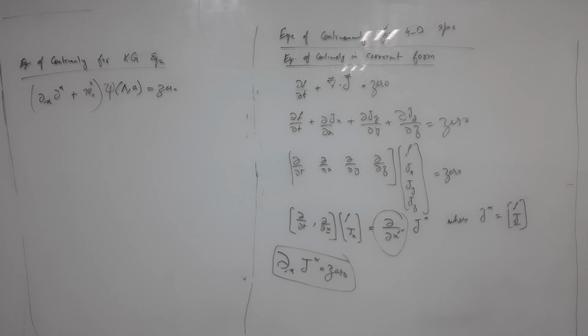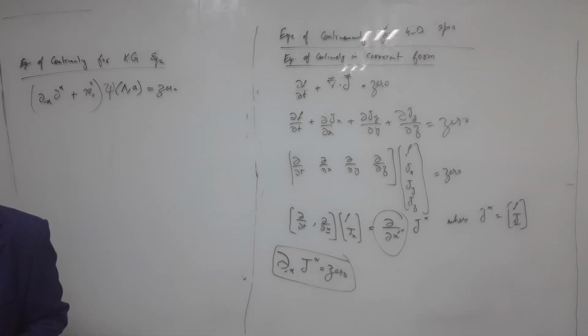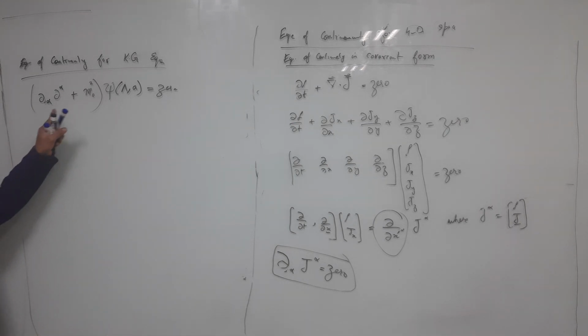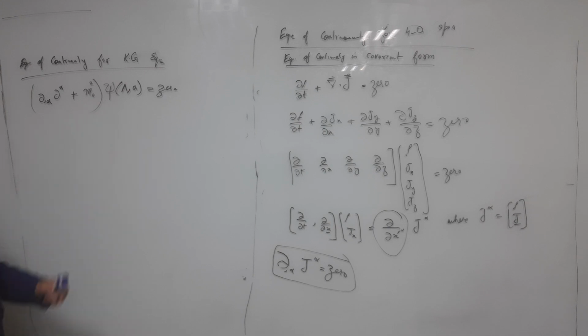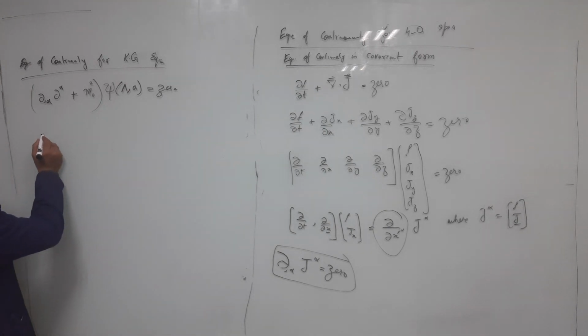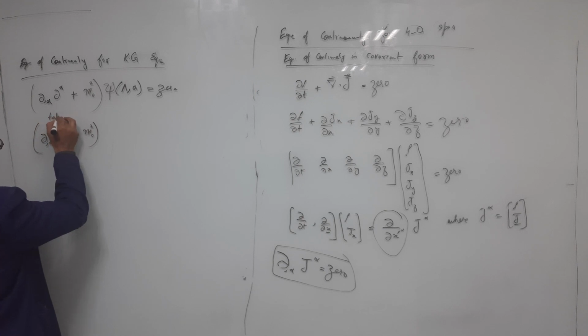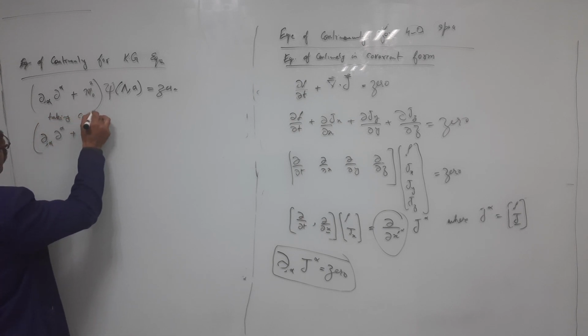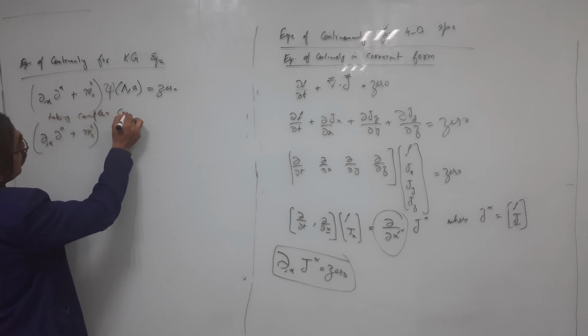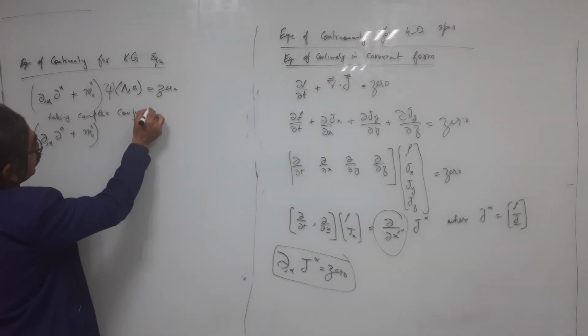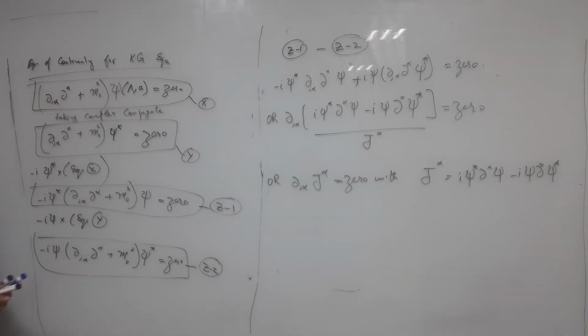What we did in the case of the Schrodinger wave equation, we took the complex conjugate of it. How do we find the equation of continuity?